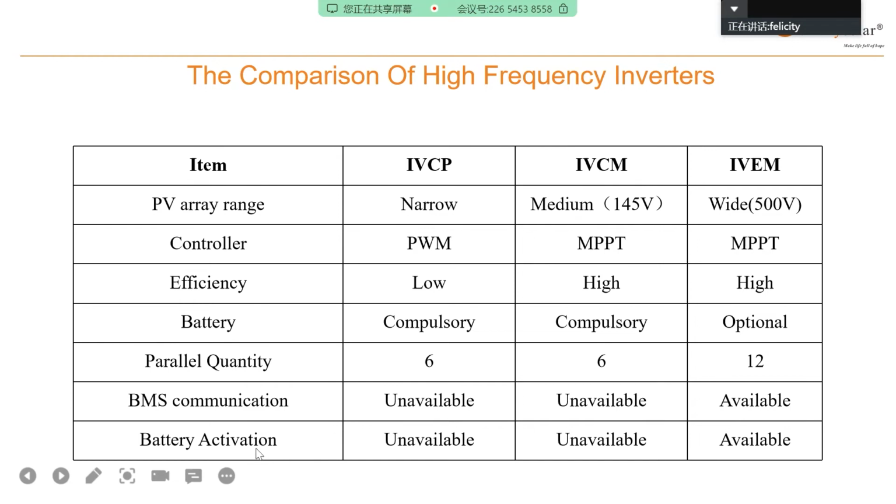Battery activation means if the battery is in off mode, totally off, and you connect it with the IVEM, the IVEM gets power from PV or from the AC, and then it can automatically activate the Felicity lithium battery. So from these comparisons, you can see IVEM is smarter and more powerful than the IVCP and the IVCM.